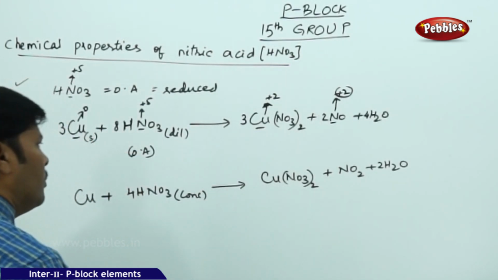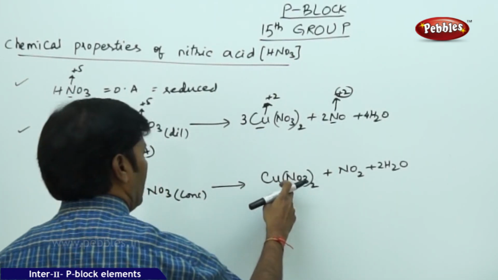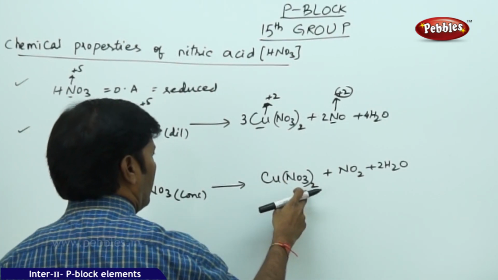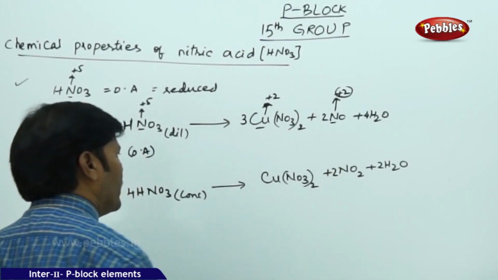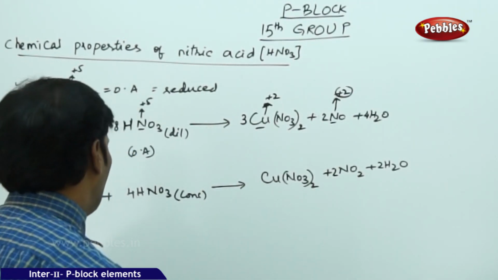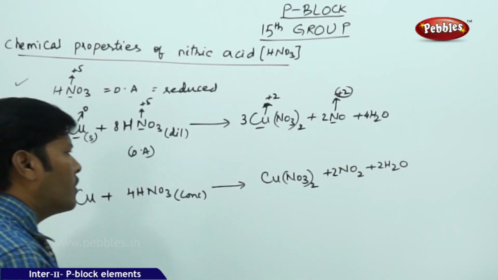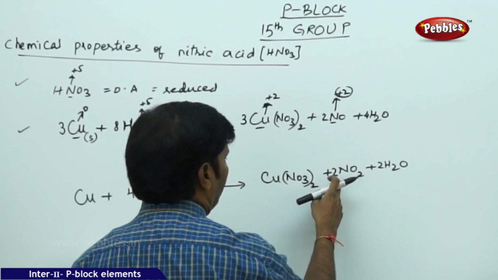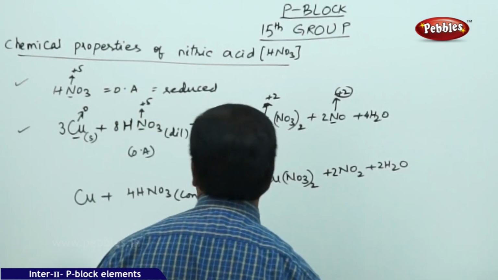I don't think we need to disturb here, because we have only 2 nitrates. If I place 2 over here, the number of nitrogens is balanced, so the number of oxygens should also be balanced. We have 3 2s are 6 oxygens, 6 plus 4 is 10, 10 plus 12, everything is balanced.